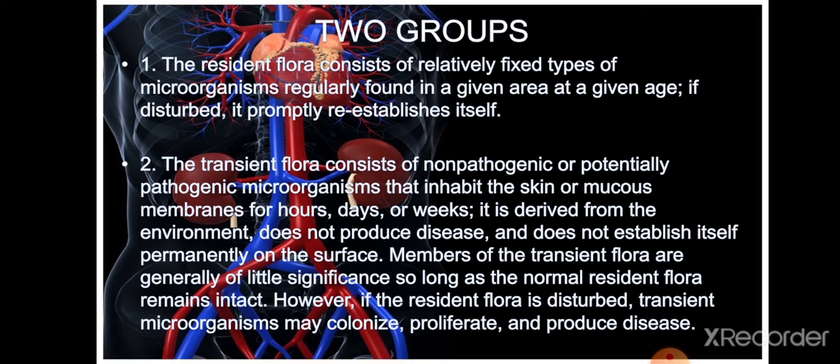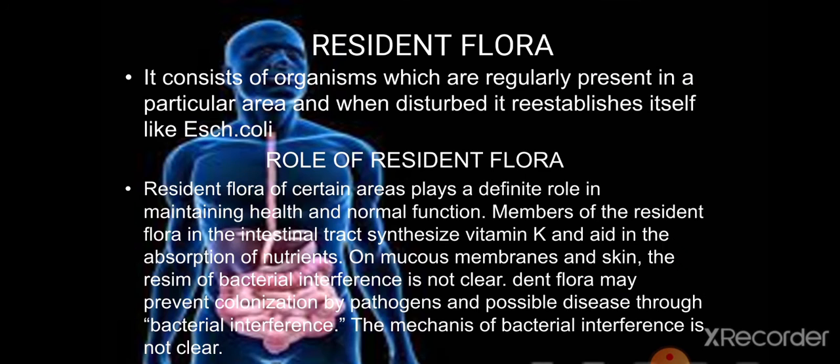Members of the transient flora are generally of little significance so long as the normal resident flora remains intact. However, if the resident flora is disturbed, transient microorganisms may colonize, proliferate, and produce disease.